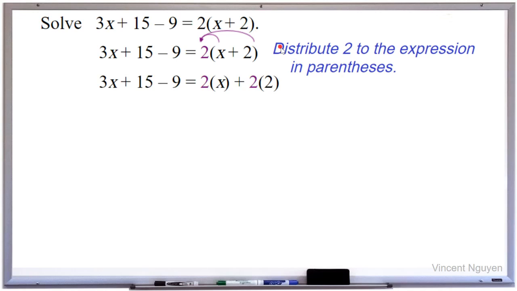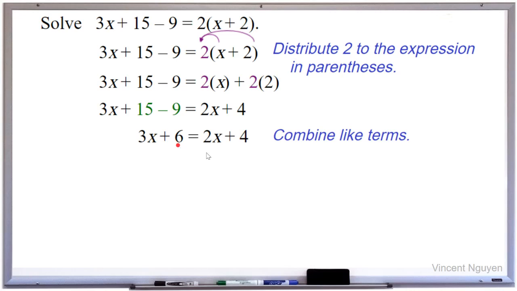So we're going to multiply that 2 through. We get 2 times x and then 2 times 2, okay? And then we simplify that. Over here we get 2x plus 4. And here I'm getting ready to simplify these two numbers. So positive 15 minus 9 would give me 6, right? So I'm simplifying everything. I combine like terms right here to get 6.